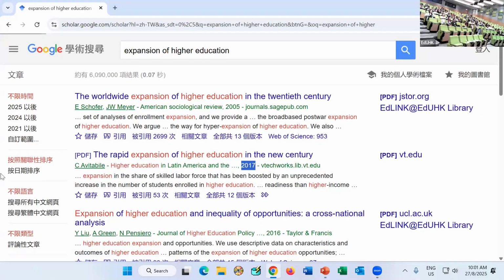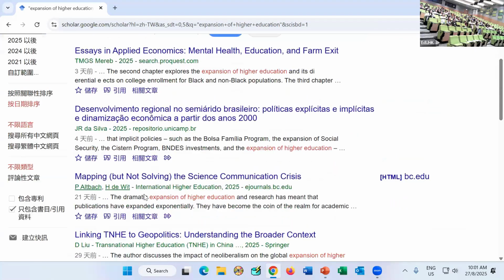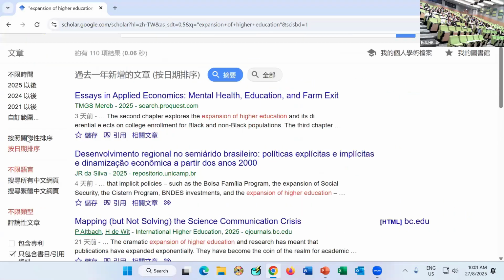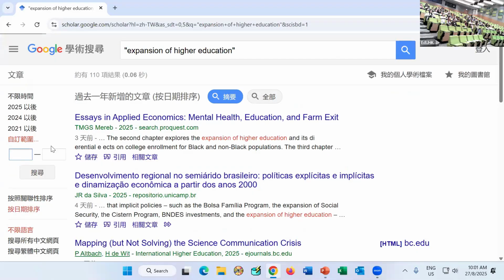And then we can, of course, arrange the articles chronologically. Then you can see 2025, no one cited, right? Or at least it's not indexed. So you can check the time. And then you can also define a custom timeline. Normally, teachers would expect you to cite things that are more recent. And a common definition of recent, do you know what it is?